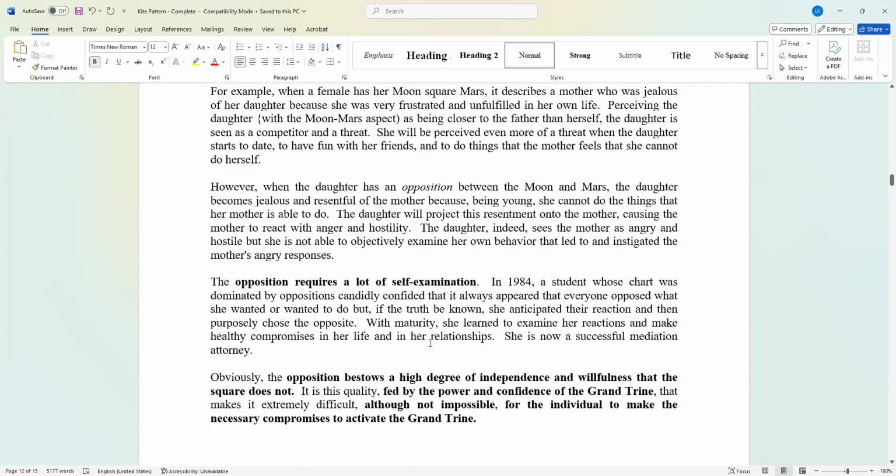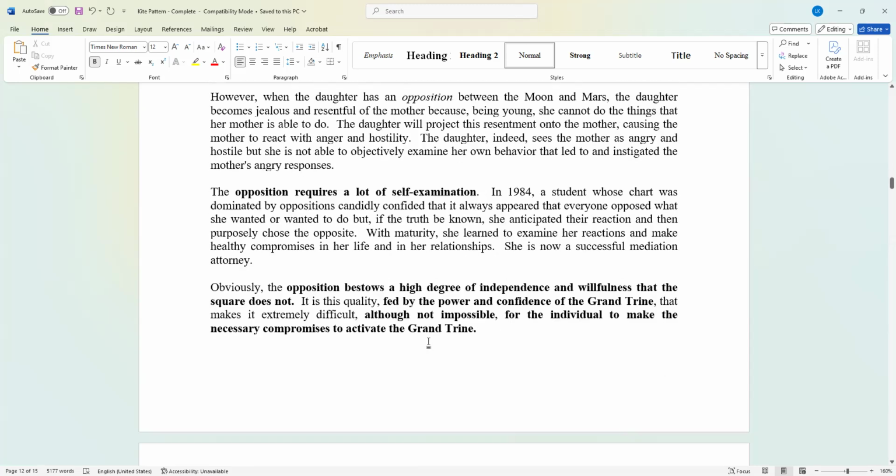And now she's a successful mediation attorney. So you can resolve that and open up that grand fire, the grand trine. But you have to understand and examine yourself as to how that opposition is taking place, what it's doing to cause other people to oppose what you want to do.